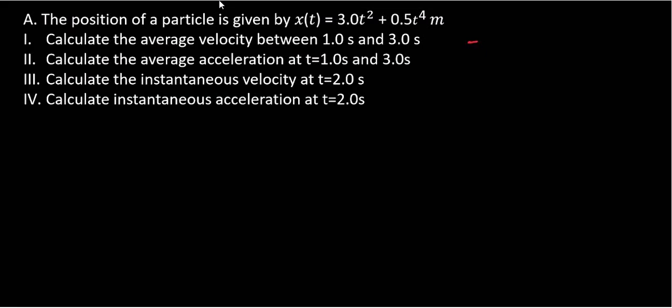So in that situation where we've been asked to calculate the instantaneous velocity, what do we do? Here what we do, we differentiate. In short, we differentiate the equation of the displacement, the one that you've been given.